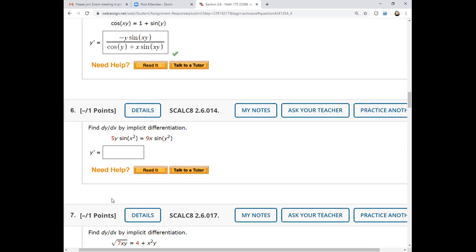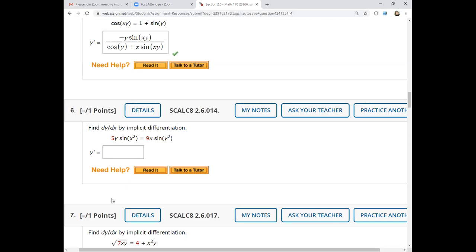It's supposed to be from the very top to the second line, plus sine of x squared. So the first function, it's plus the sine of x squared, yeah. So 5y times the quantity of the cosine of x squared times 2x plus the sine of, oh wait, that should be y squared.